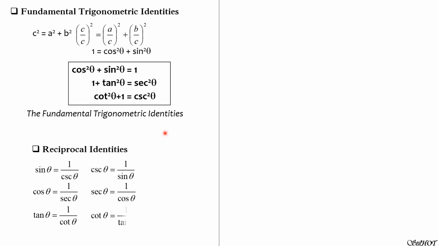Next, we have complementary functions. So remember complementary angles? The sum of the angles is 90 degrees, so each is called the complement of the other. So if one angle is theta, the complement of theta would be 90 degrees minus theta.